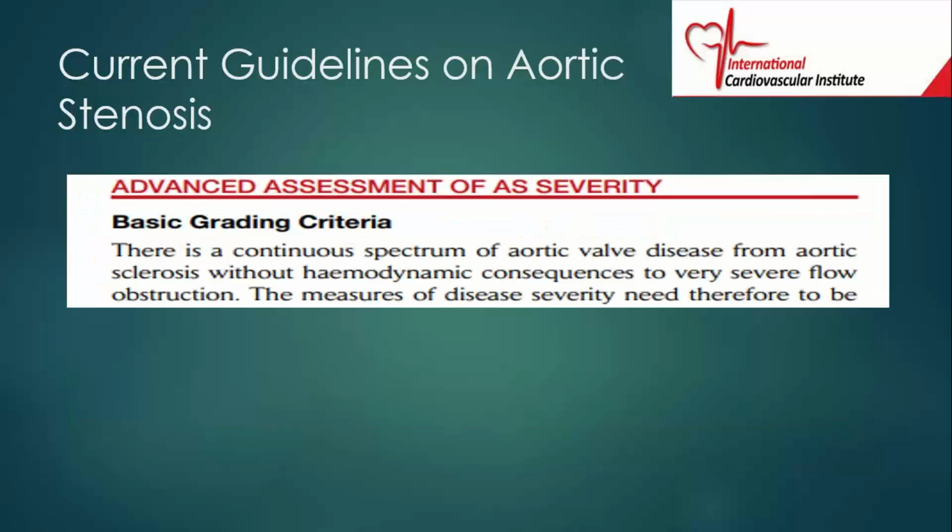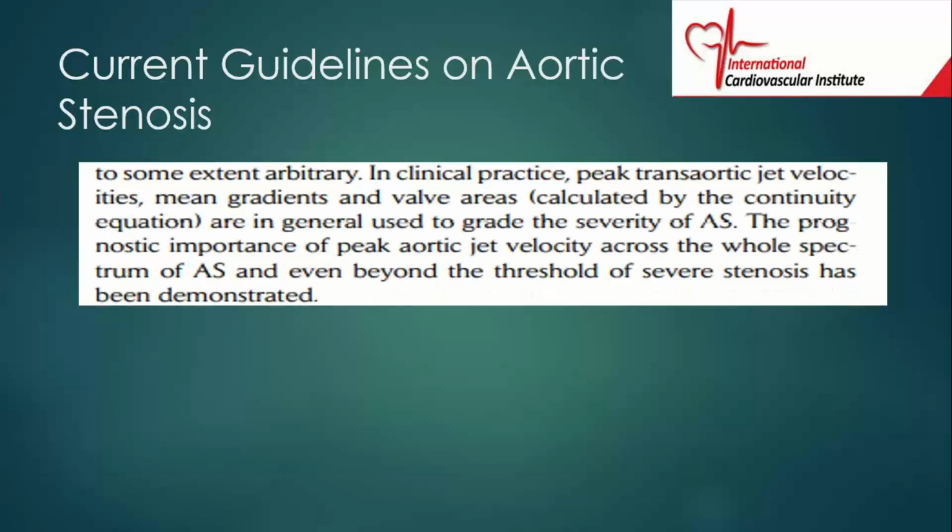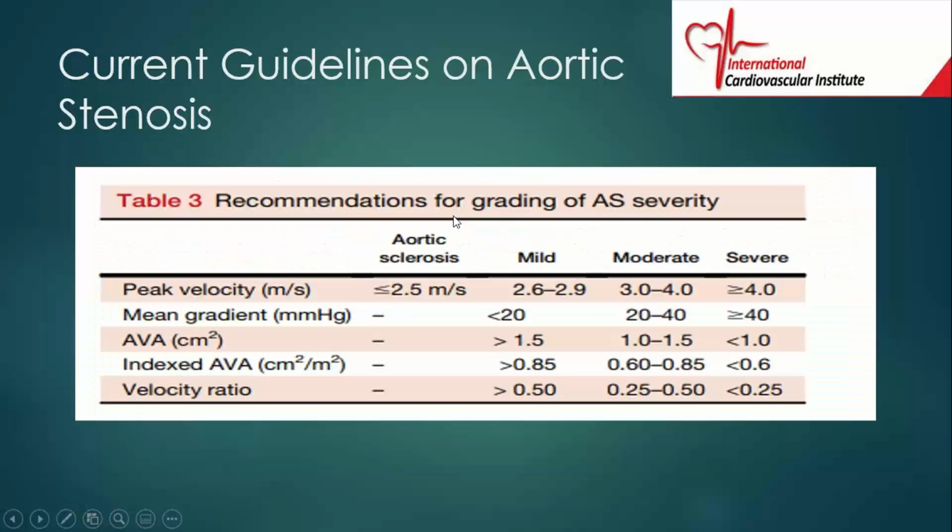So we did all of this to grade the severity of the aortic stenosis. We use the velocity, we use the mean gradient, and we use the valve area. Those are things that we use to talk about severity. For severe aortic stenosis, peak velocity greater than or equal to 4 meters per second, mean gradient greater than or equal to 40 millimeters of mercury, valve area less than 1 centimeter squared.